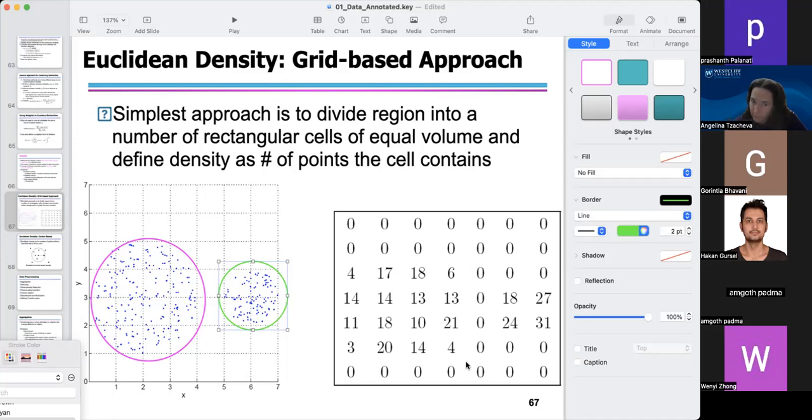So look for a second here at this density map on the right side and see if you can determine why we have 2 clusters over here.